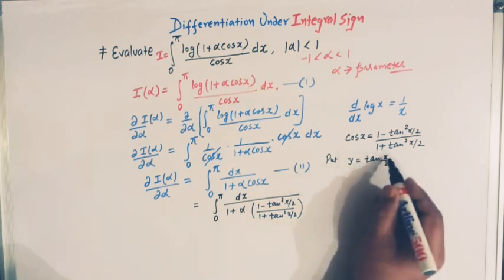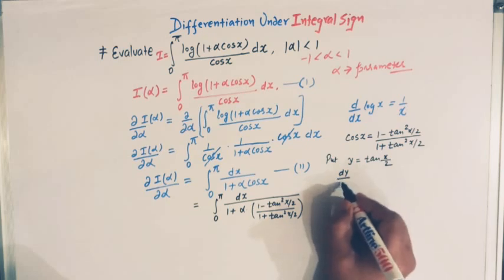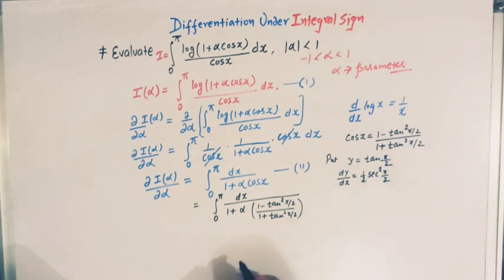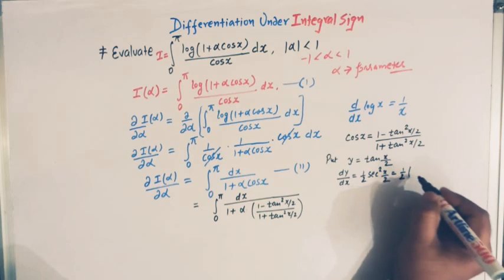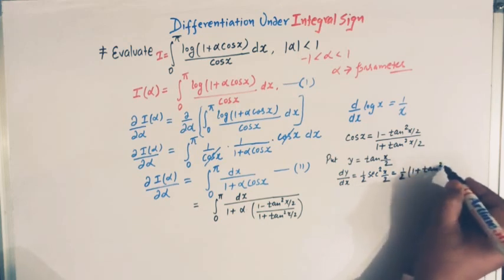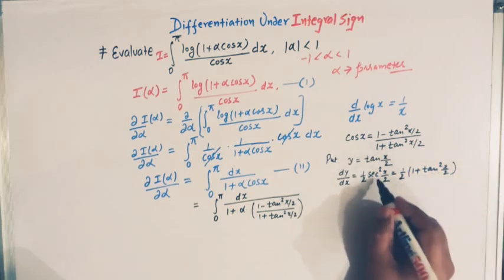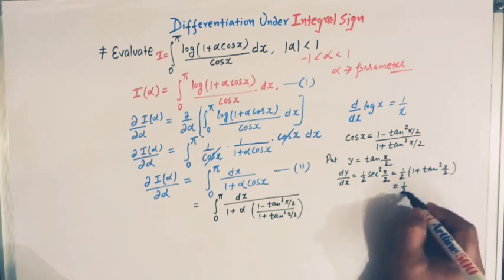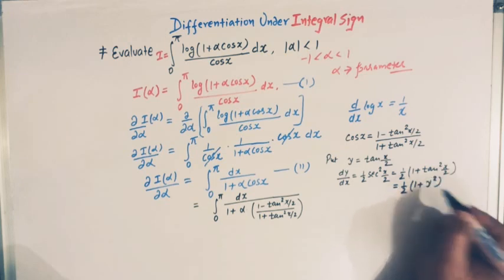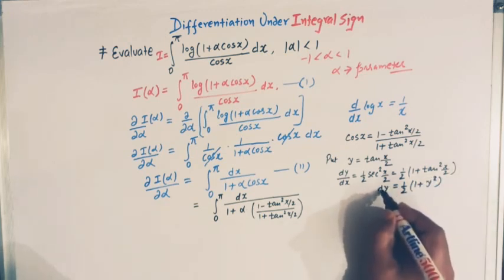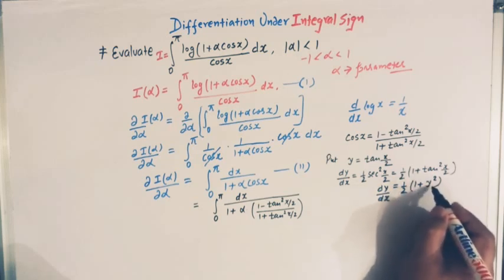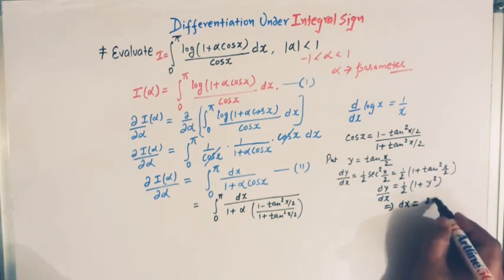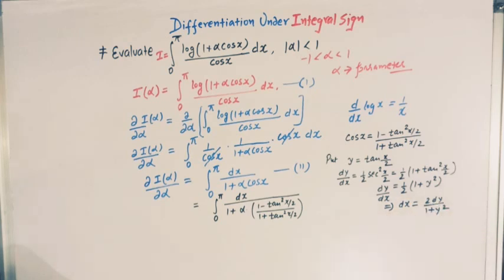So when y is equal to tan x by 2, then dy over dx is equal to half sec square x over 2, and this can further be written as 1 over 2 times (1 plus tan square x over 2) by using the identity 1 plus tan square theta is equal to sec square theta, and this can be written as half (1 plus y square), right? So we have dy over dx is equal to half of (1 plus y square). So it means dx is equal to 2 dy over (1 plus y square), right?